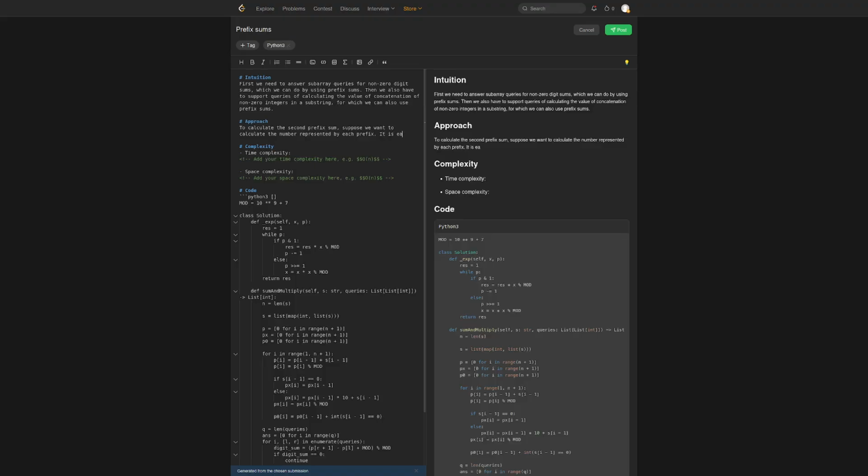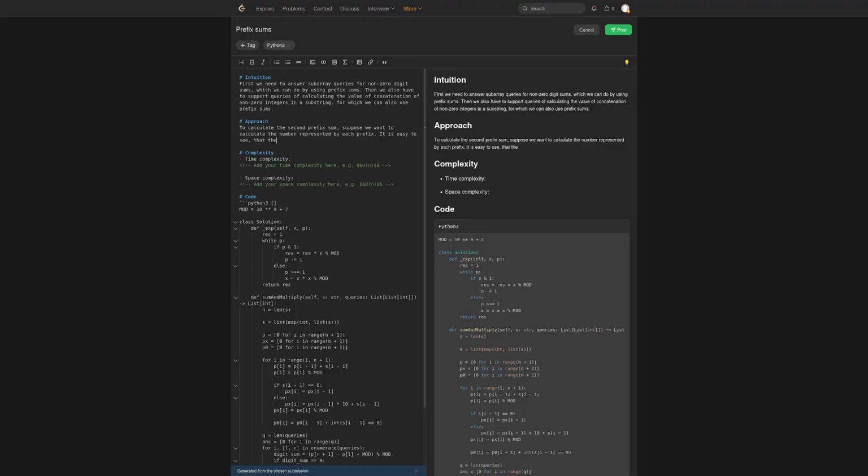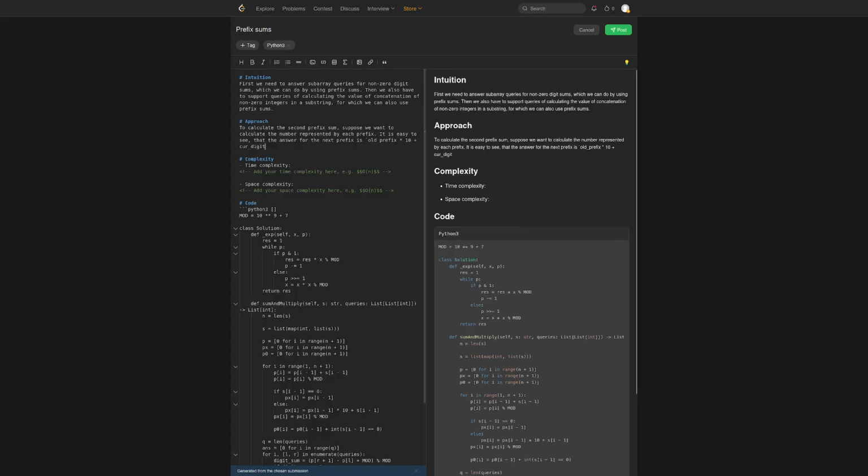It is easy to see that the answer for the next prefix is old prefix times 10 plus current digit if current digit is not 0.